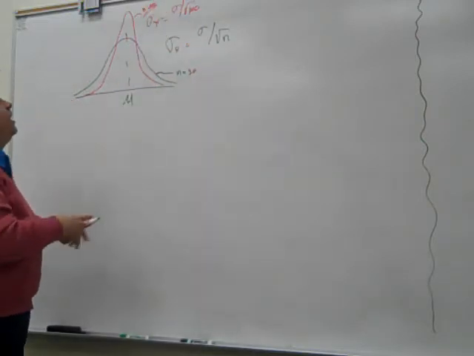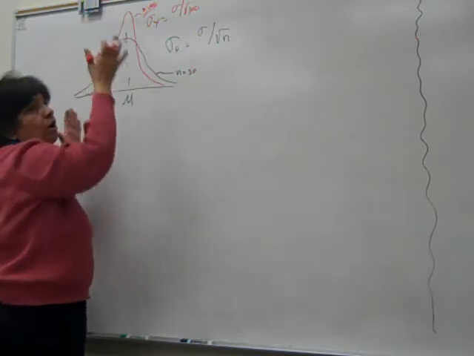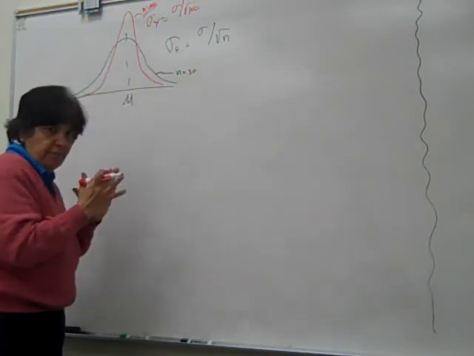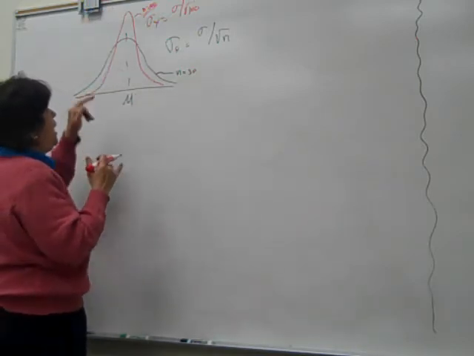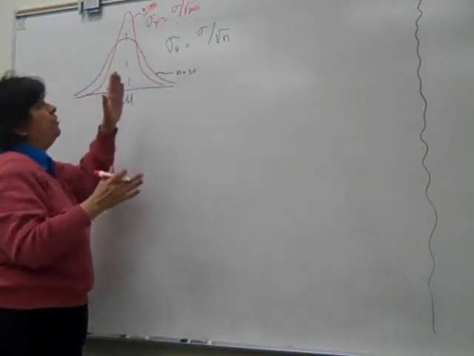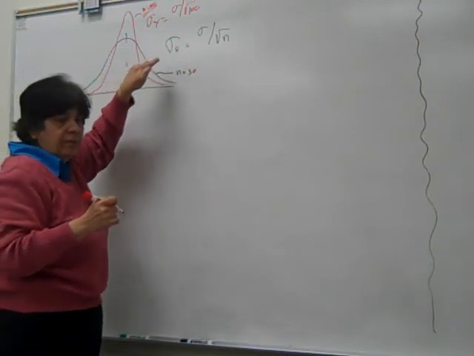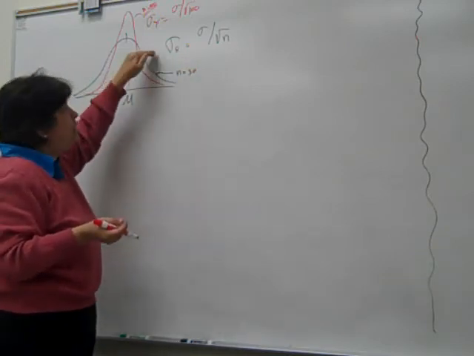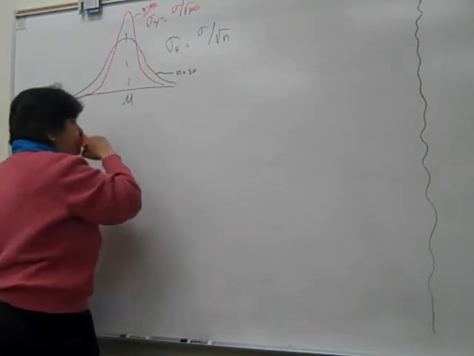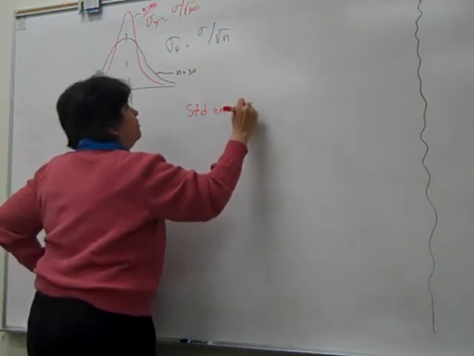Okay? So if I increase my sample size, I'm going to have a taller, thinner distribution. And this standard deviation for the sampling distribution is also called the standard error of the mean.